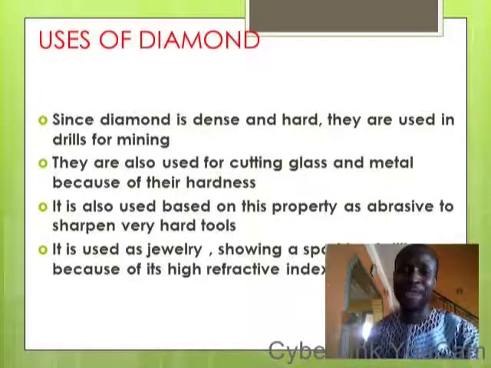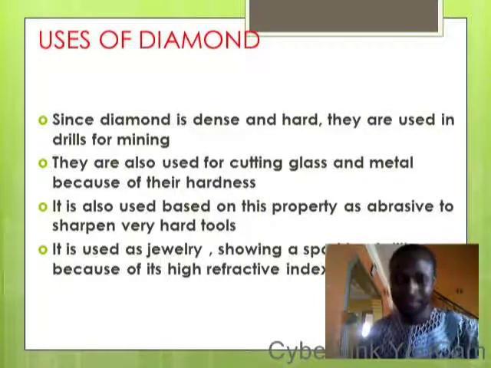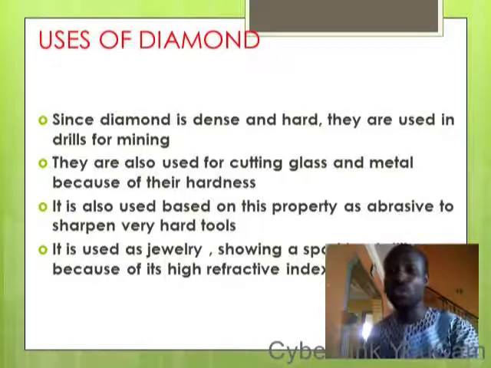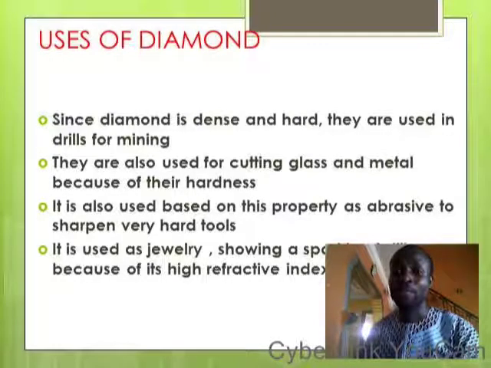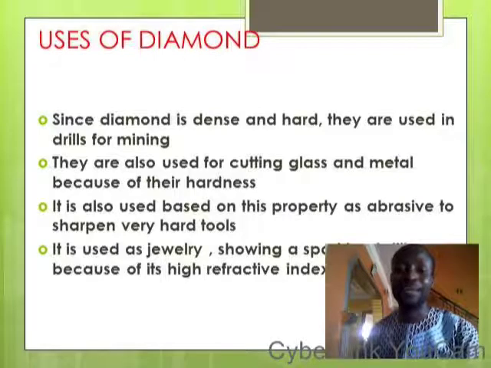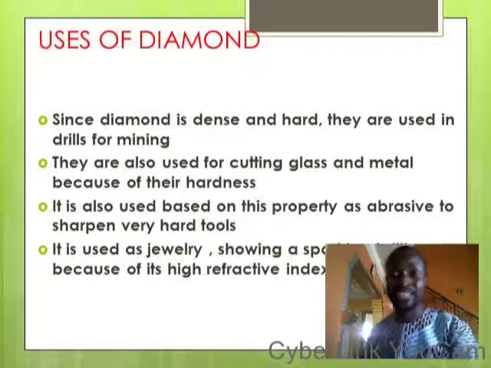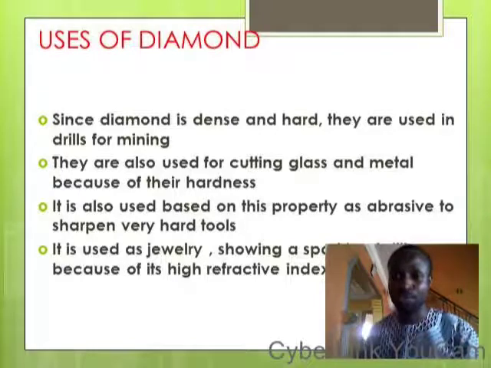Uses of diamond. Diamond is dense and hard. It can be used to drill holes, most especially in the extraction of sulfur. They are also used in cutting glass and metals because of their hardness. They are also used as an abrasive; even carpenters use it to smoothen the surface of wood.